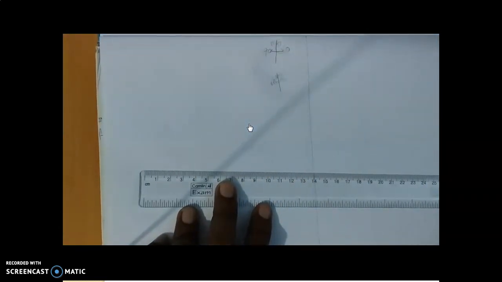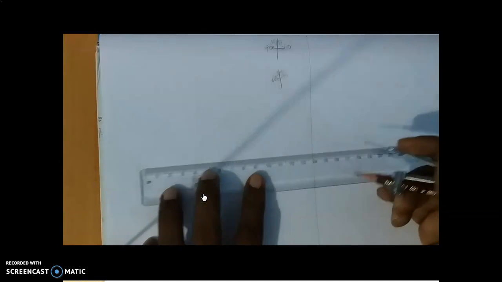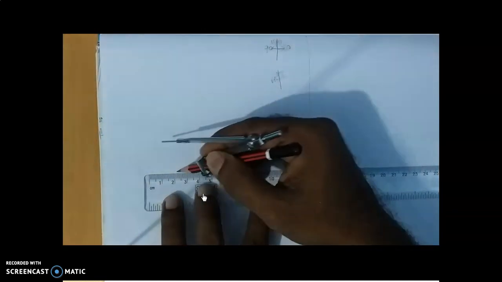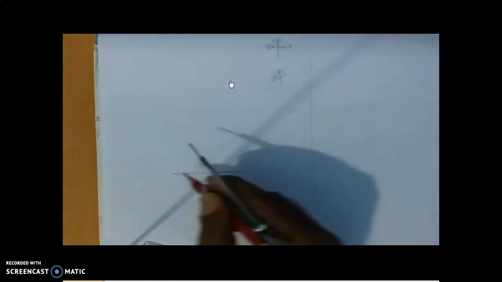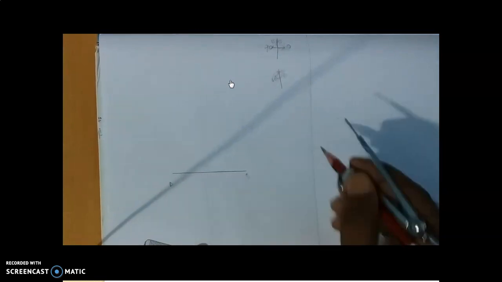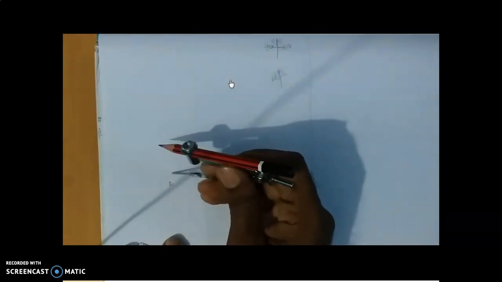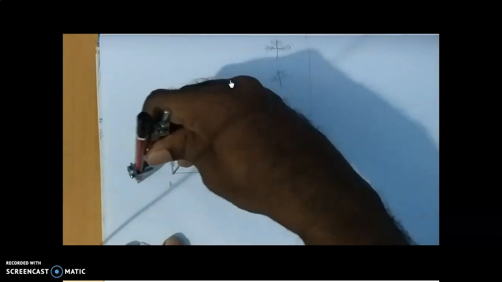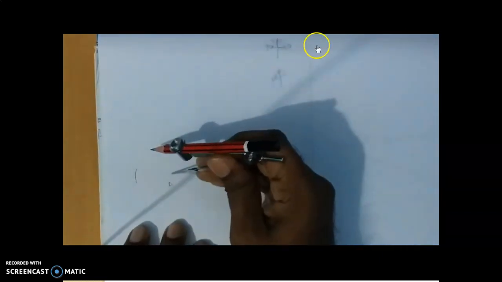So first we are going to draw 60 degree and 90 degree, and we are going to bisect between 60 and 90. That is the procedure. So draw now, first is 60 degree. Let us take this as A, B. For 60 degree you can draw an arc here as usual.